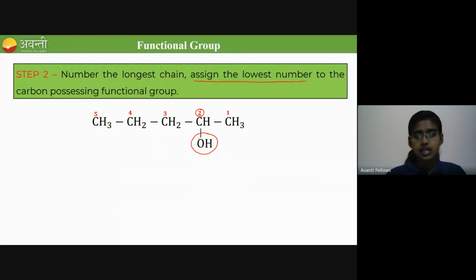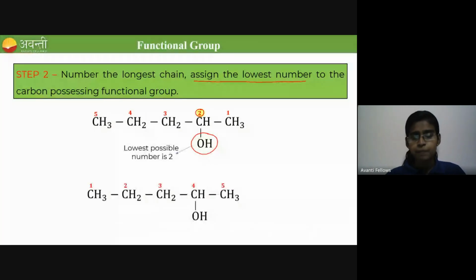So this is the second step that you have to follow. The OH should get the lowest possible number, that is 2 here in this compound. If you number in the other way, OH is getting the fourth number, so that is not acceptable. The least value should be given to the OH attached carbon. So the first way of numbering is correct and the second way of numbering is incorrect.